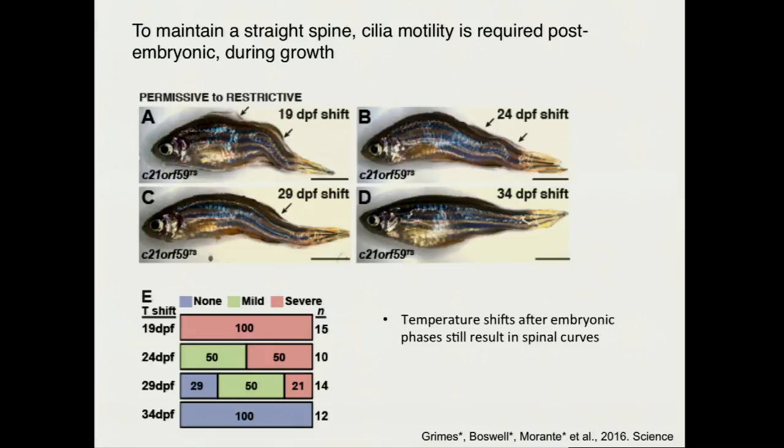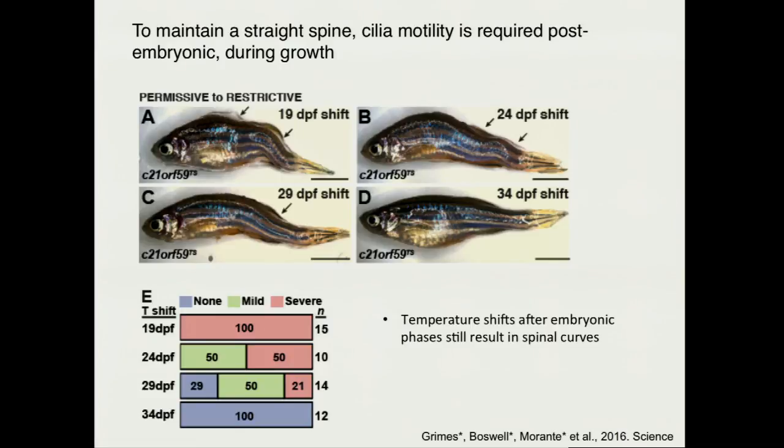And what we're doing here is starting the fish out at a permissive temperature, such that they don't have any embryonic defects, and then we're gradually shifting them to a restrictive temperature at the times indicated, and then growing them all the way to adulthood, maybe 3 months of age. And you can see that if we shift the temperature at 19 days or 24 days, all of the fish still go on to develop scoliosis or spinal curvatures. This suggests that any times before this are not relevant in terms of this condition occurring.